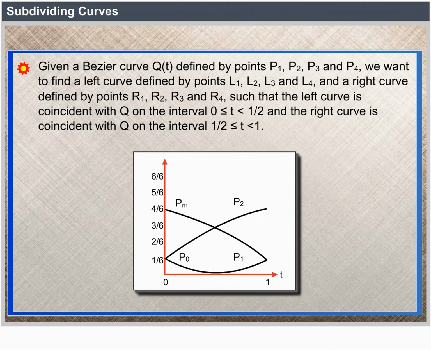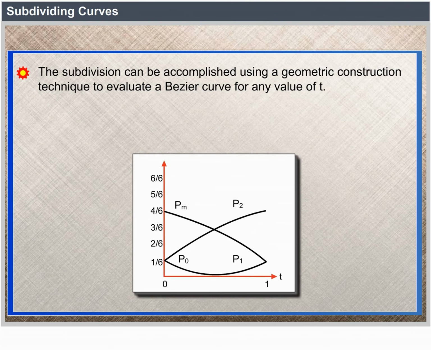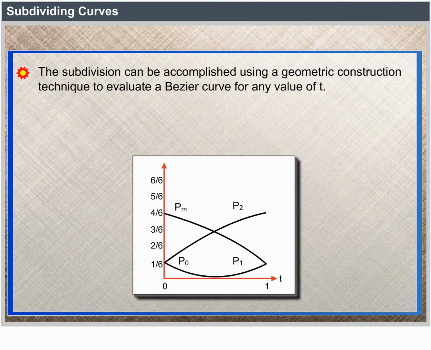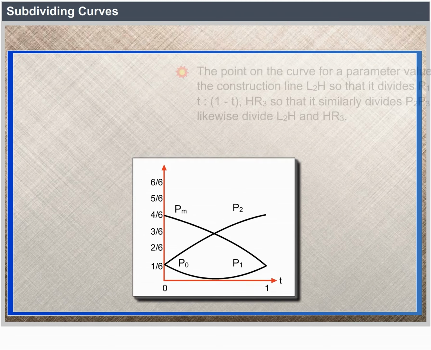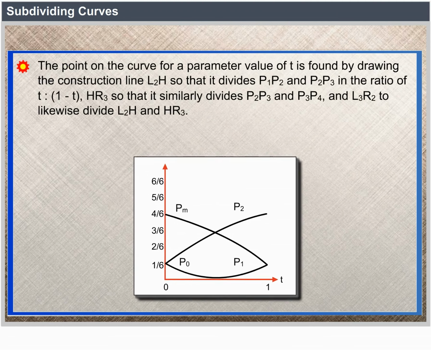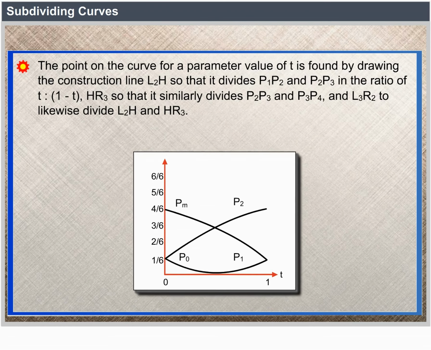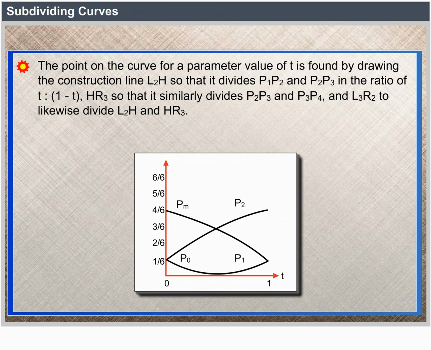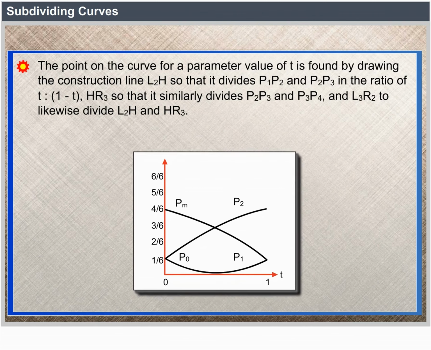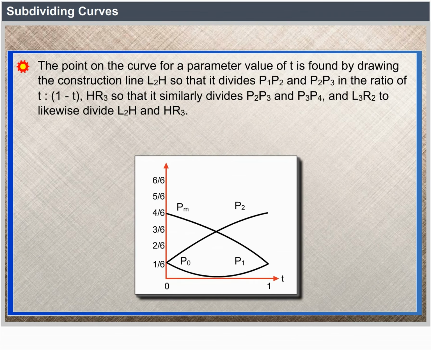The subdivision can be accomplished using a geometry construction technique to evaluate a Bezier curve for any value of t. The point on the curve for a parameter value of t is found by drawing the construction line L2H so that it divides P1P2 and P2P3 in the ratio of t to 1 minus t, HR3 so that it similarly divides P2P3 and P3P4, and L3R2 to likewise divide L2H and HR3.